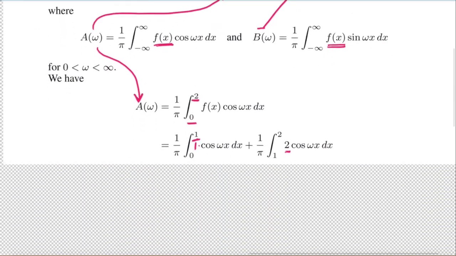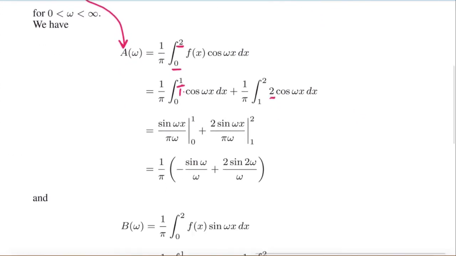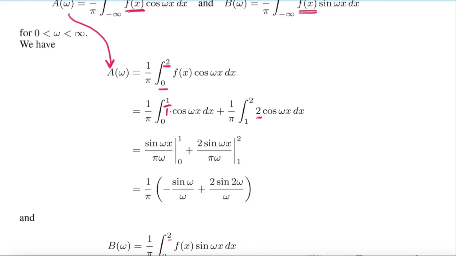Okay, but this is all not difficult at all. We integrate cosine, which is sine omega x divided by omega. We still have the factor 1 over pi from the front. And then we evaluate the first one between 0 and 1, and the second one between 1 and 2. And you sub in the numbers, and then this is what you get. And then I use one of these double angle formulas.